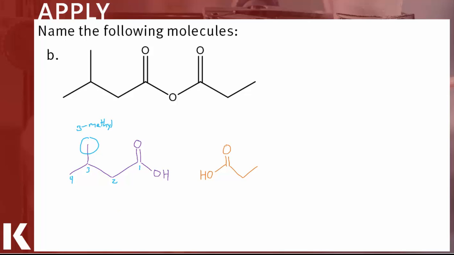It's 4 carbons long, so this is 3-methylbutanoic acid. The carboxylic acid on the right side is a 3-carbon chain, so this is going to be propanoic acid. Now to go back to the original anhydride, we put those names in alphabetical order. M in methyl comes before P in propanoic, so this will be 3-methylbutanoic propanoic anhydride.